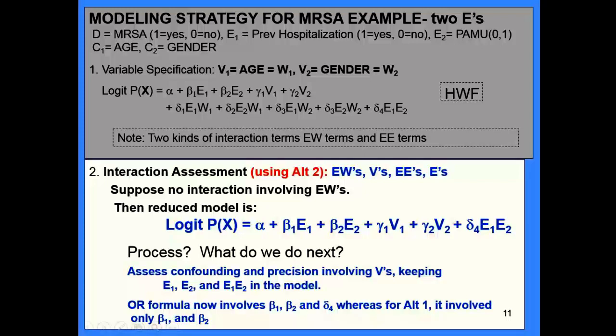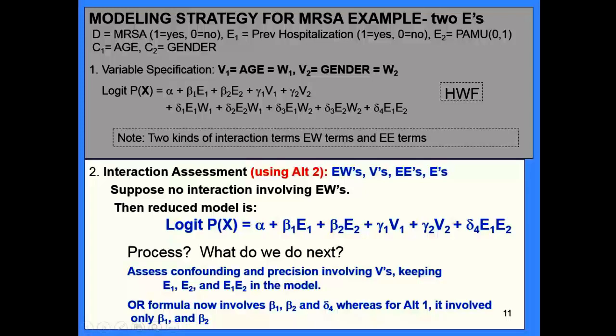So for this situation, what's the formula for the odds ratio? What coefficients are involved in the odds ratio for this situation? It involves this coefficient, what other one? This one, okay?